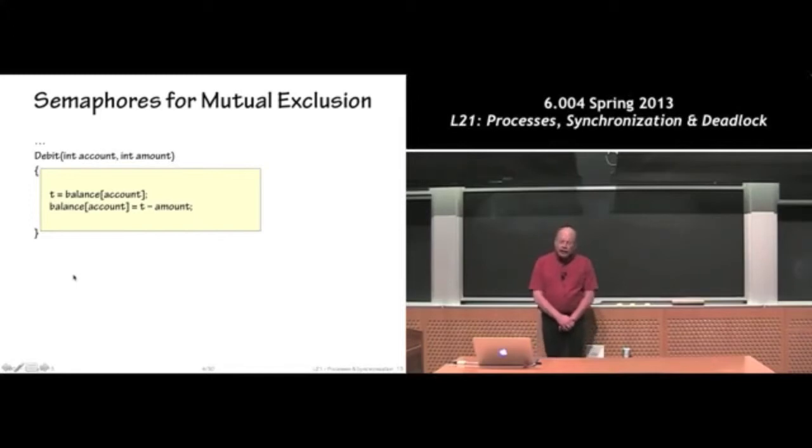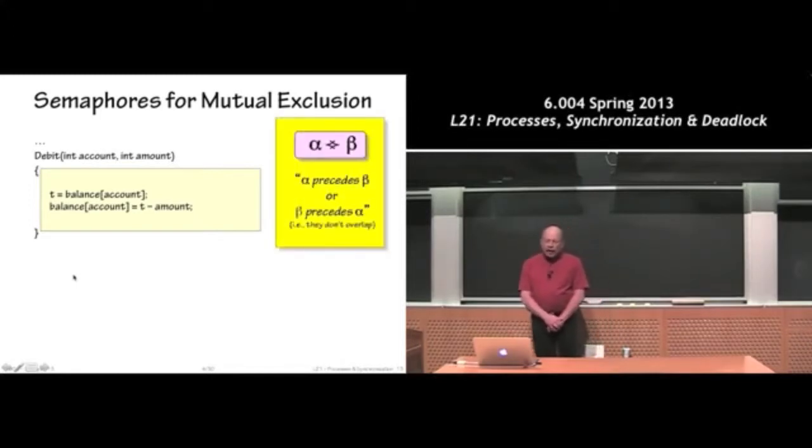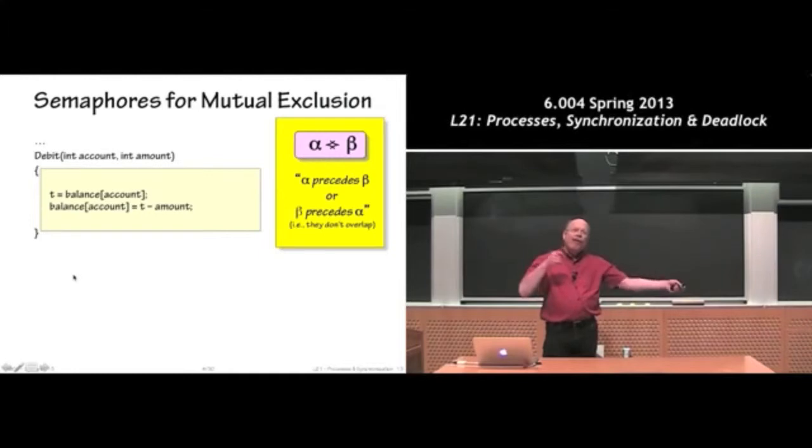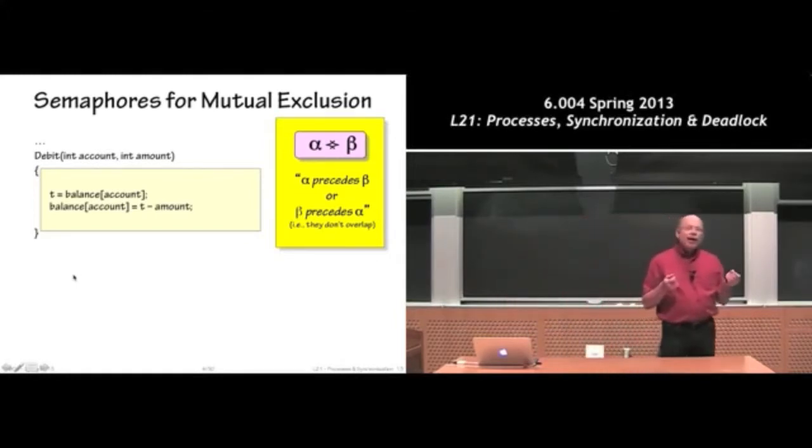And what we notice is that we want a different sort of precedence relationship, which is that alpha either happens before beta or beta happens before alpha, but they can't happen concurrently. Right? We definitely want one to happen before the other. We're not particular about which comes first, and in fact we don't want to introduce the constraint that alpha always happens before beta.